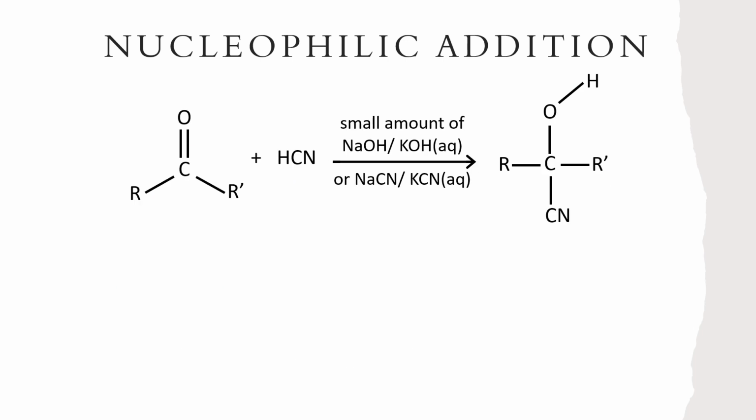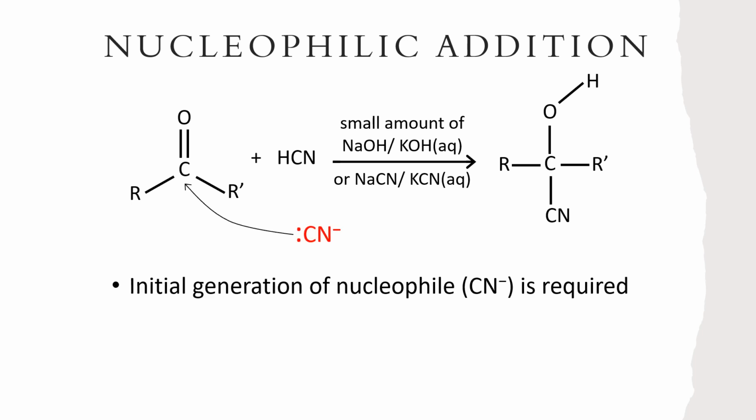For nucleophilic addition to occur, the initial generation of CN- is required. To provide sufficient nucleophiles for the reaction, a small amount of alkali, NaOH or KOH, or a small amount of cyanide salt, NaCN or KCN, is added.